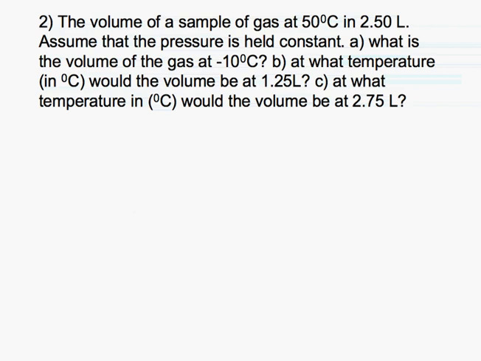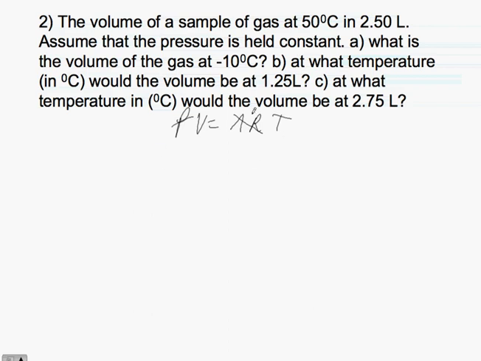Okay, as I said before, when we're looking at these problems, they're all somehow related to the ideal gas law. So PV is equal to nRT. In this particular instance, we're told that pressure is constant, and we know that n and R are constant.